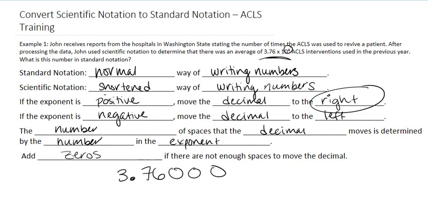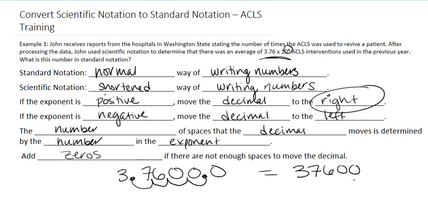So if we take the decimal, move it 1, 2, 3, 4. So this becomes then 37,600. So that means there's 37,600 people in Washington State who received ACLS intervention in this past year.